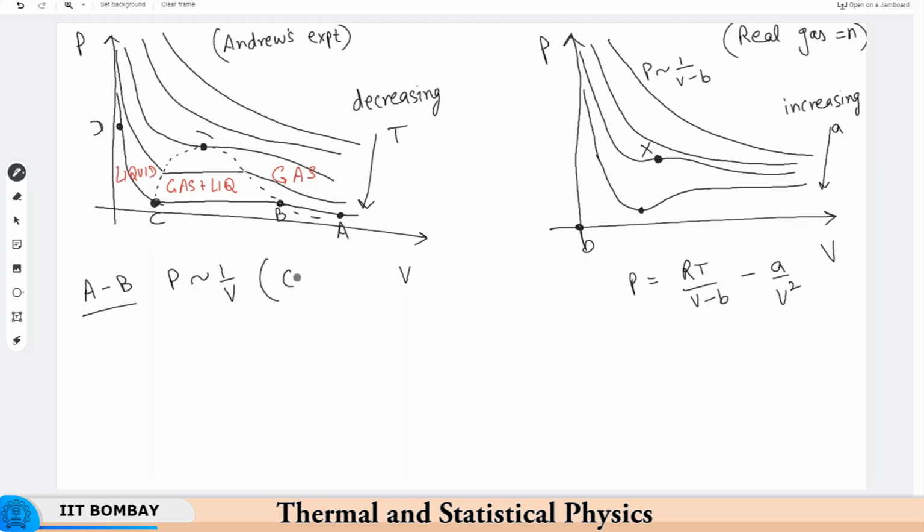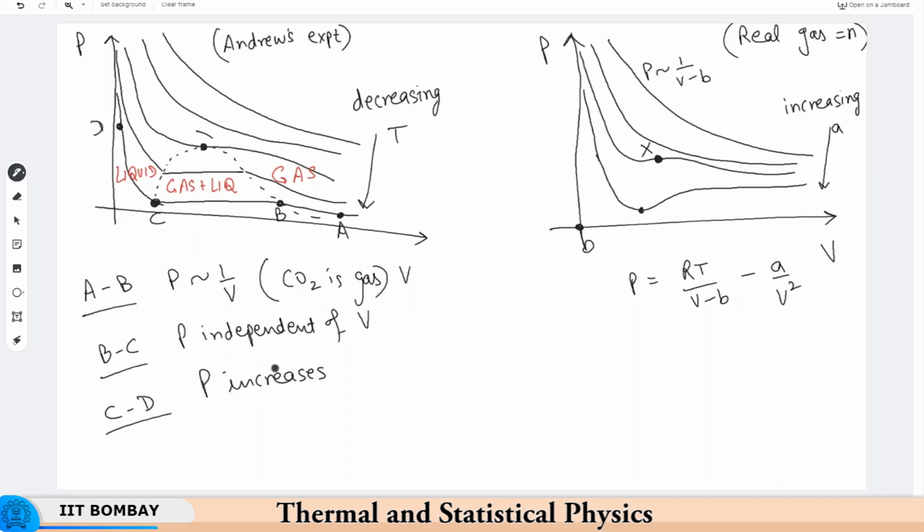Because here CO2 is gas, right? But between B and C, P is independent of volume, and between C to D, P increases sharply.